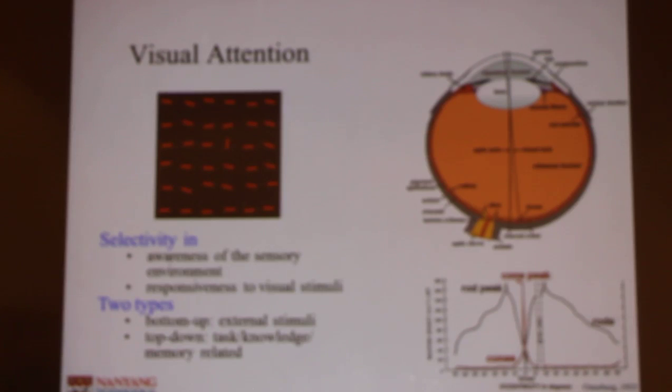Of course, there are two types of visual attention model. One is bottom up, where we use the image information only. The top down is where we use the task or prior knowledge. Because if you are asked to identify a car, then you may not pay attention to the buildings in the street. Okay, so this is some consideration.